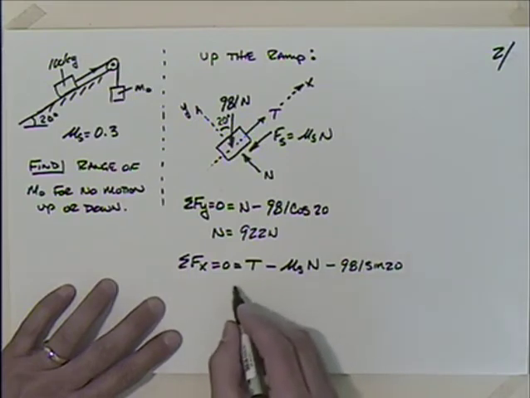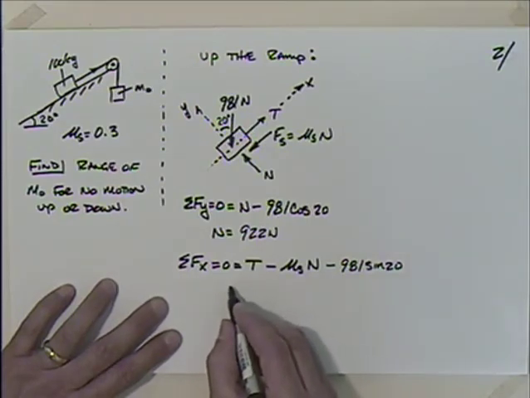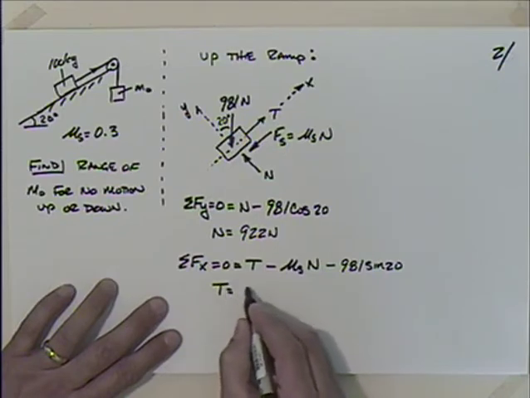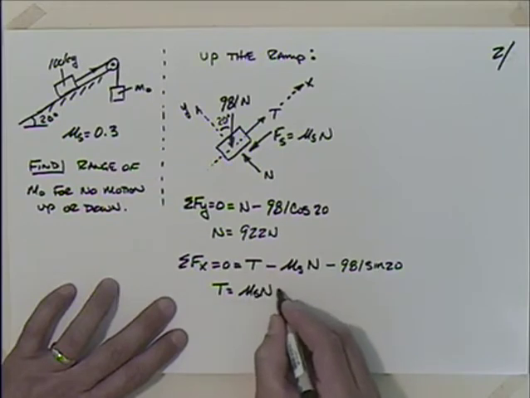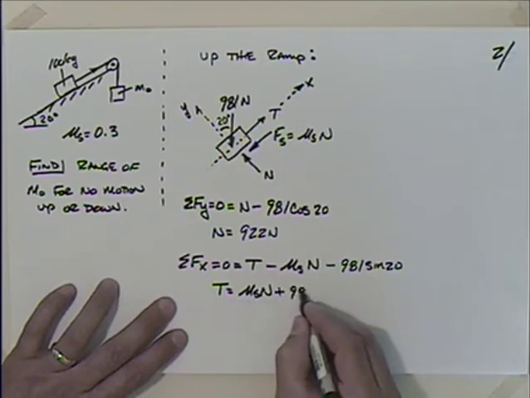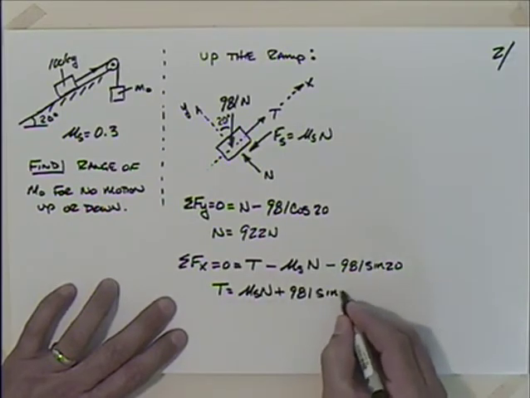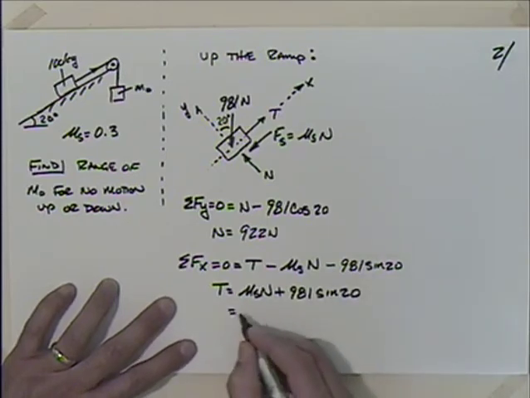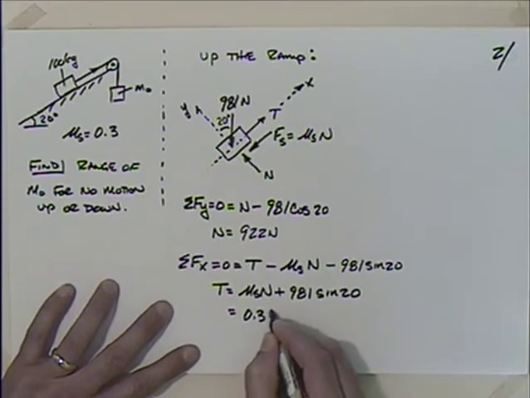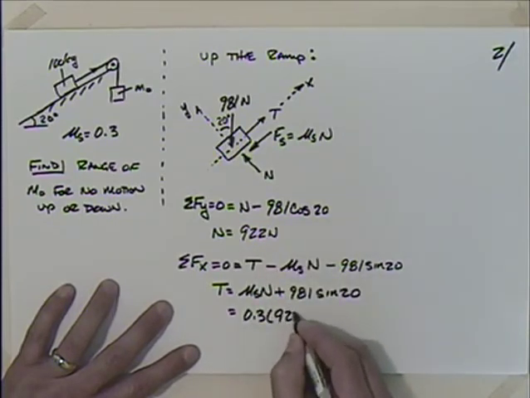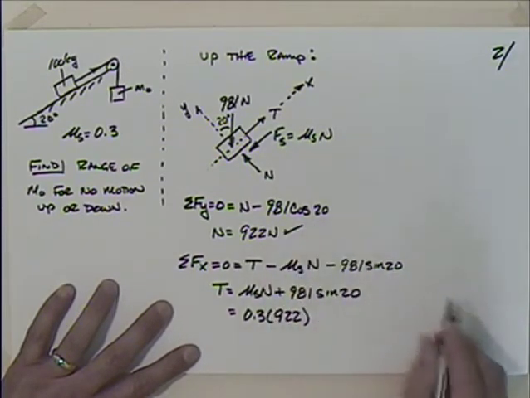Okay, so I could say then that T, if I'm trying to find the tension T, is equal to mu sub s times the normal force plus 981 times the sine of 20, which would be mu sub s 0.3 times the normal force 922. That's why we had to find this one.